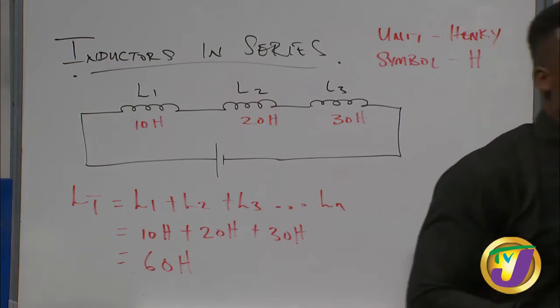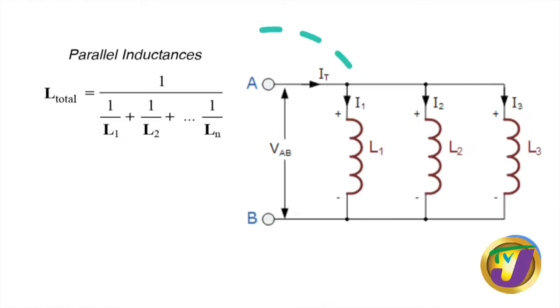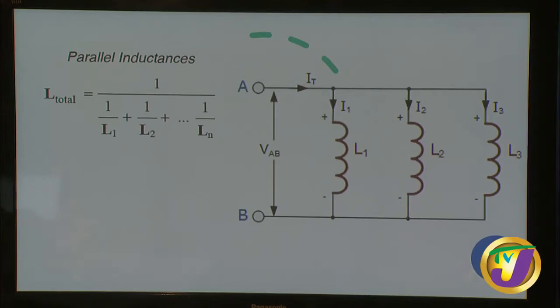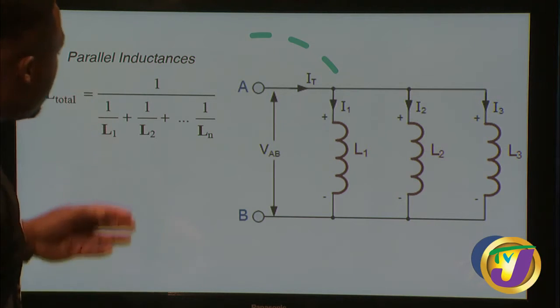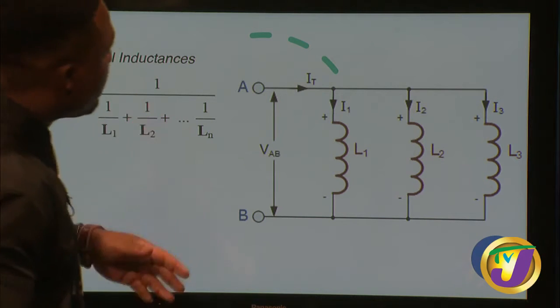All right. As we mentioned earlier, inductors in series operate similar to resistors in series, and it's the same for inductors in parallel. Now, if we look at our PowerPoint right here, we can derive our formula. LT would equal 1 upon the value of L1 plus 1 upon the value of L2 plus 1 upon the value of L3.